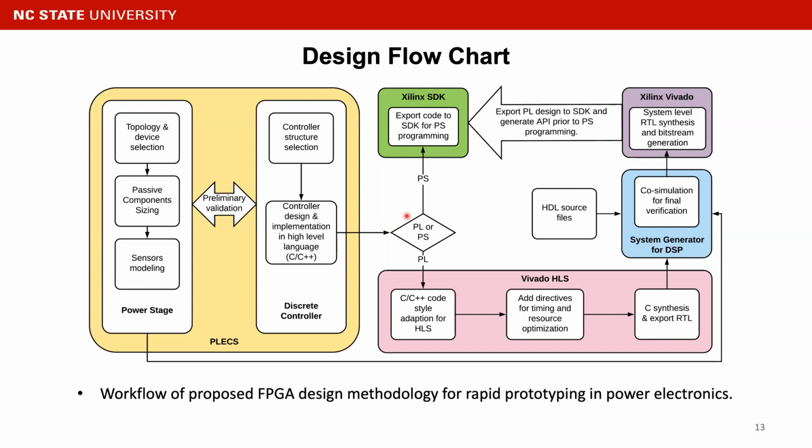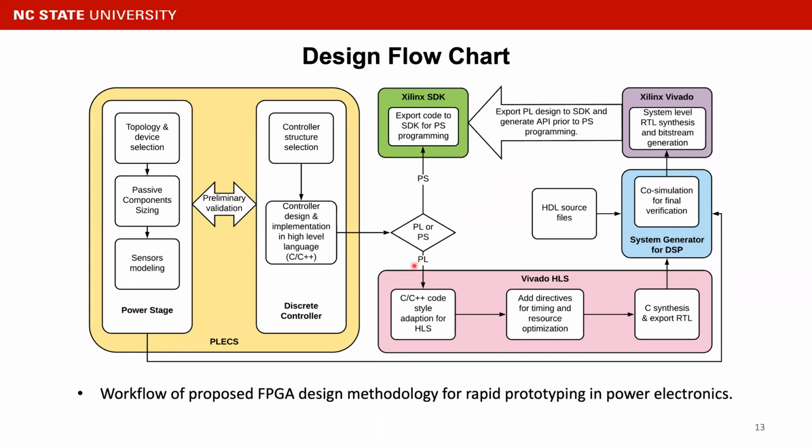If we want to implement some algorithm or controller in the PS part, that would be easy because we already have a working prototype C code from the simulation. Basically, we can directly copy and paste it into the Xilinx SDK because the ARM core is programmed with C language.